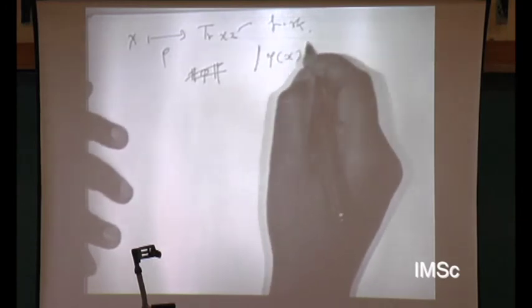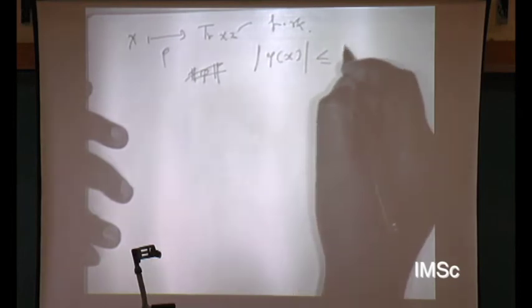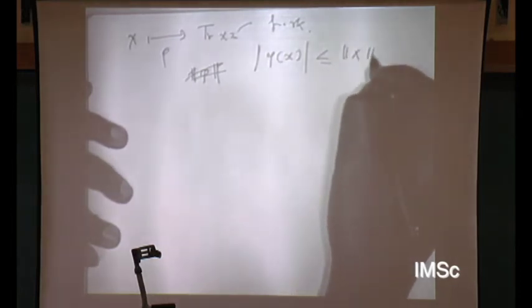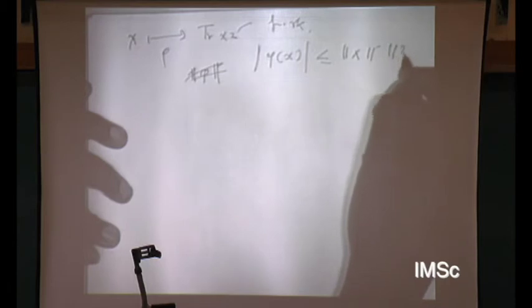So by what we said earlier, this is smaller than or equal to norm x times the trace norm of z.